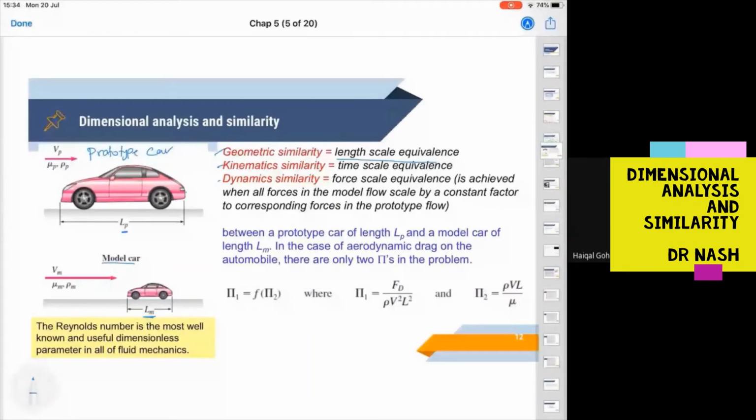So the ratio is 1/5. So for the others we also make sure the scale is equivalent. Or kinematic similarity. Let's say if we model the flow, velocity P, nu P, rho P, with velocity model and rho model also.